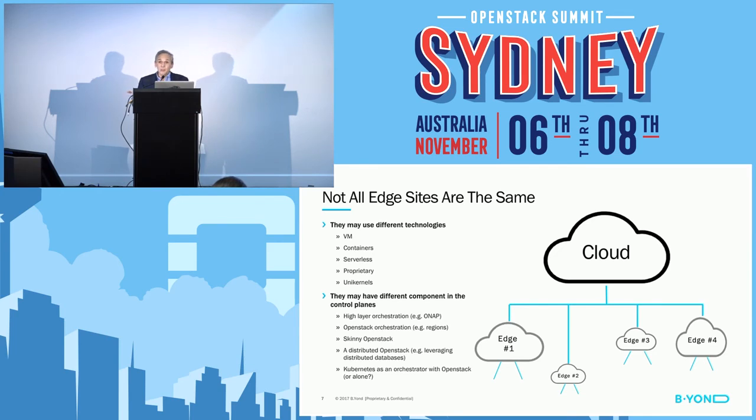It might be OpenStack itself. It might be a skinny version of OpenStack. Many people are talking about defining such a skinny version of OpenStack. It might be Kubernetes. It might be something like ONAP, a higher level of orchestration that manages those nodes. So they're different from a software perspective as well.